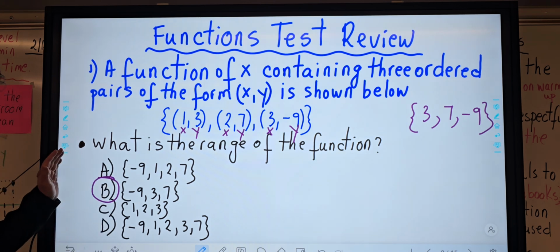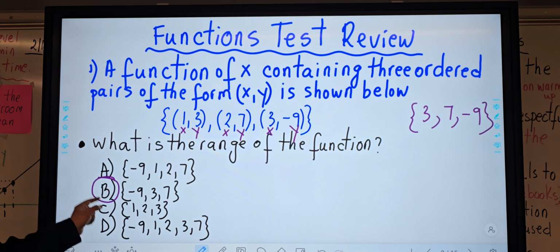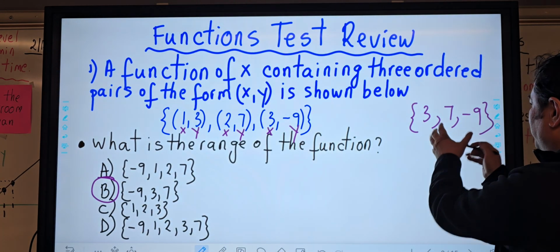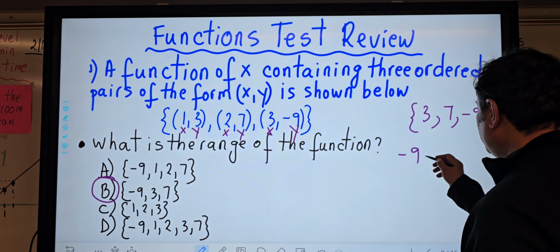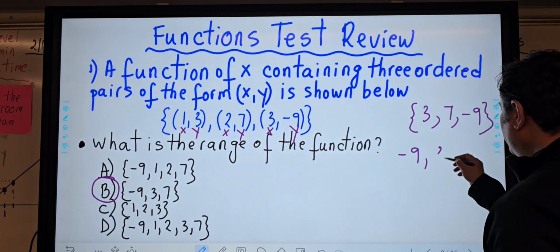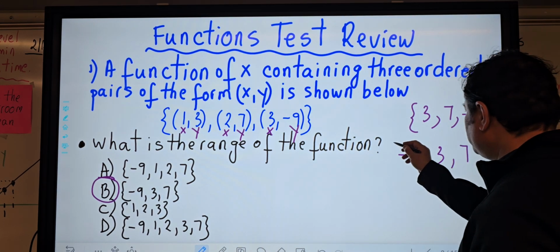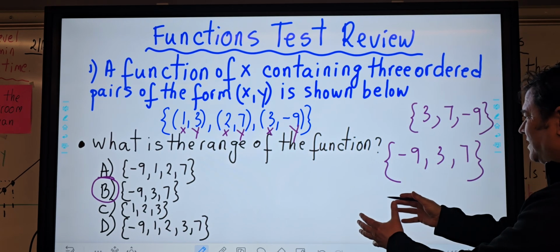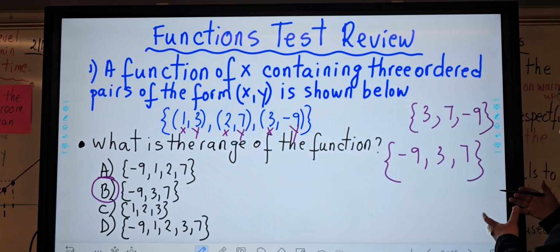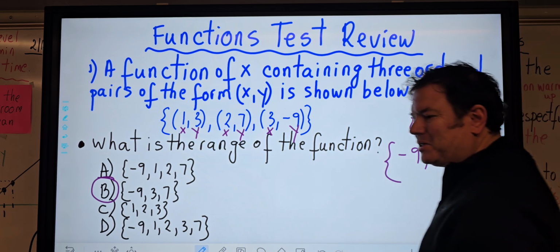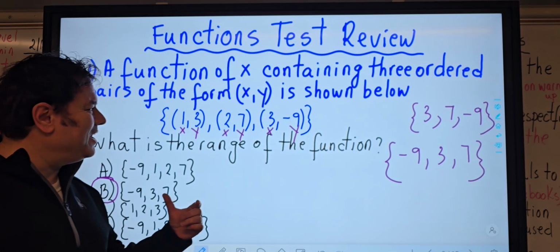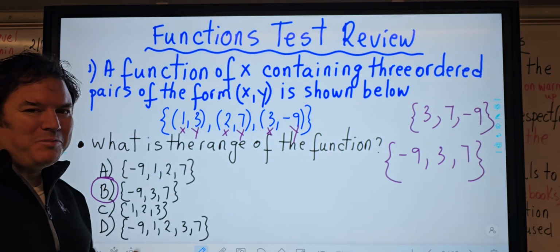They are going from least to greatest: negative 9, 3, and 7. Pay attention to this type of question. Again, the range is the y values in any of those ordered pairs.